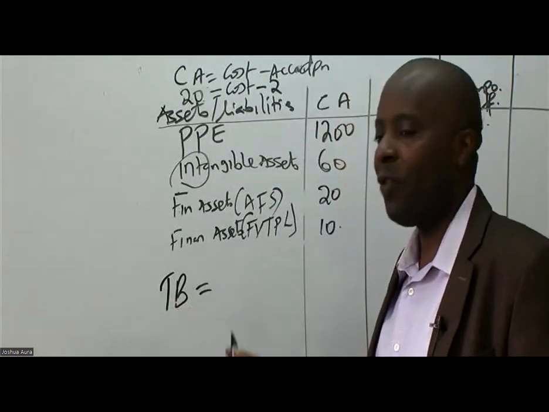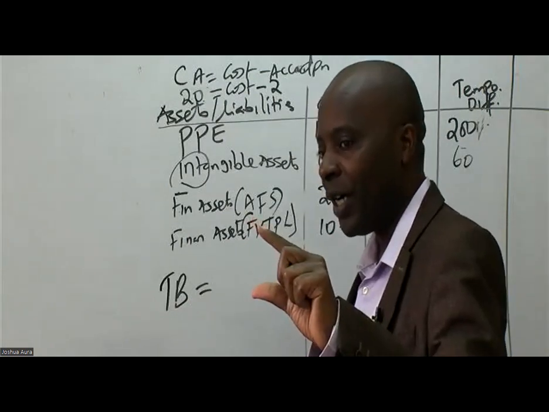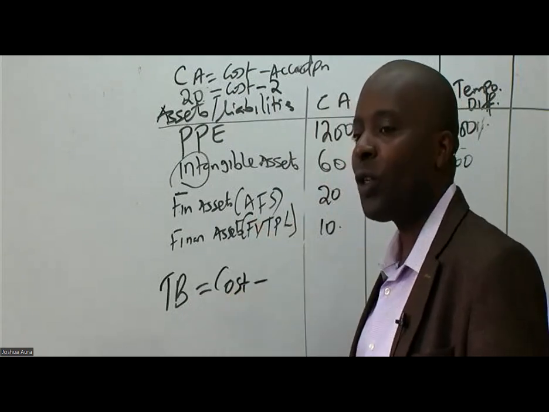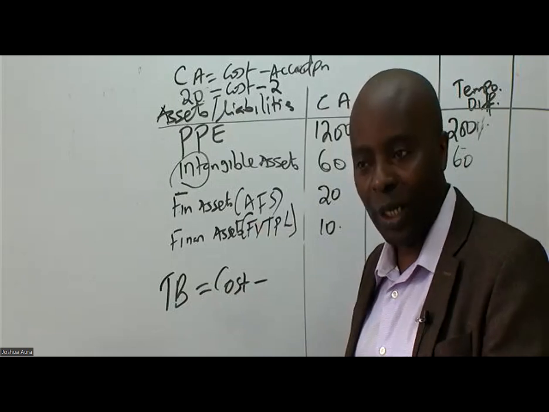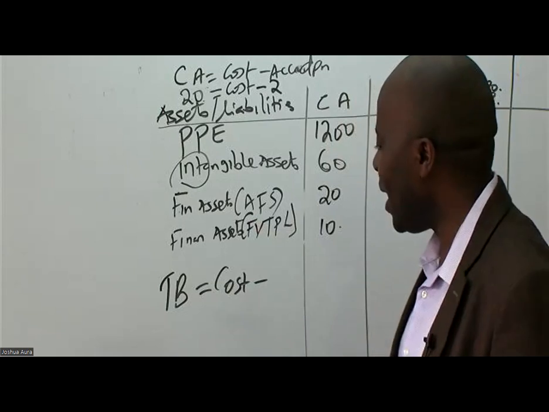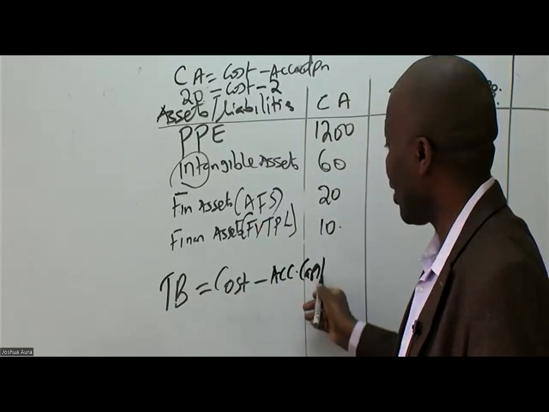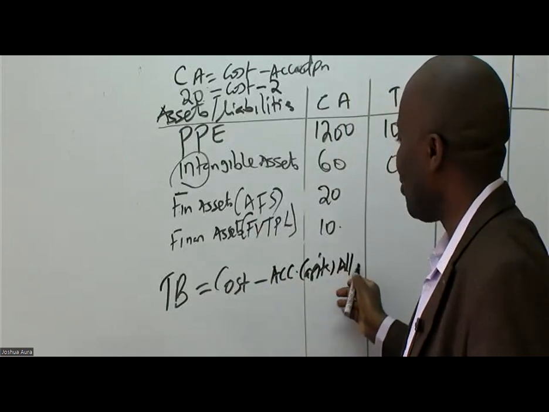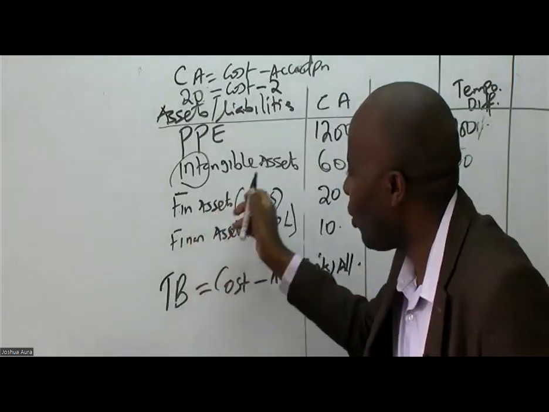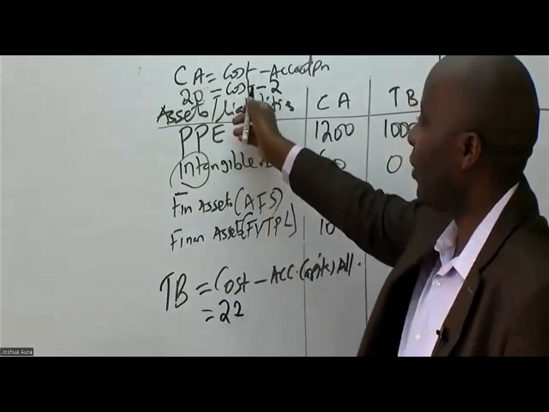The tax base from the taxman's perspective will be the cost that you have gotten there, minus, of course, any accumulated capital allowance. So for these financial assets that are available for sale, I now know the cost is 22, which I've gotten from here.